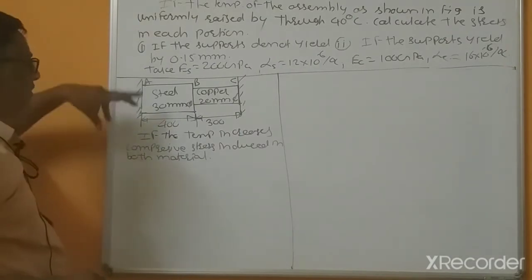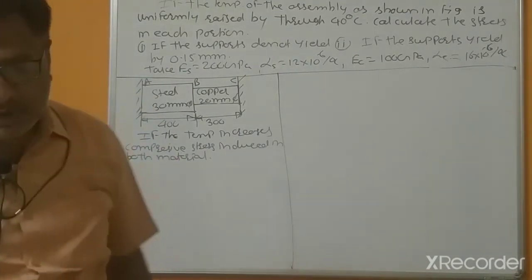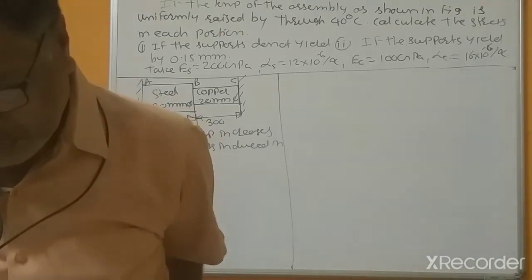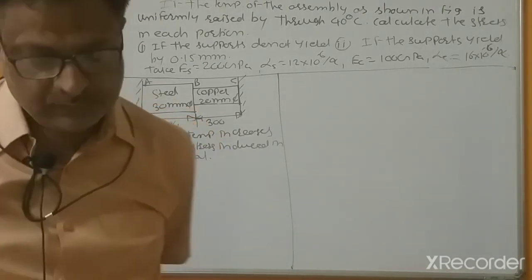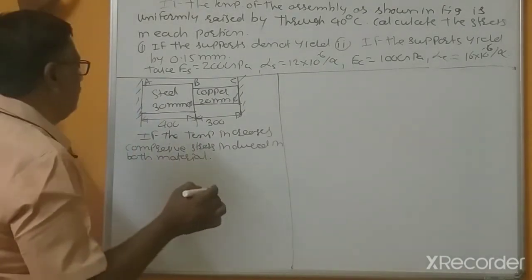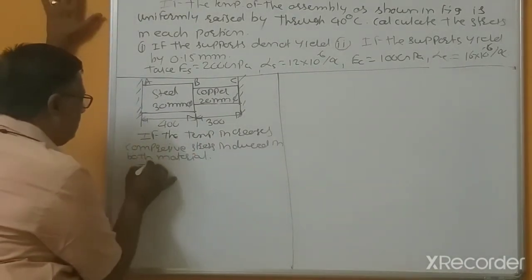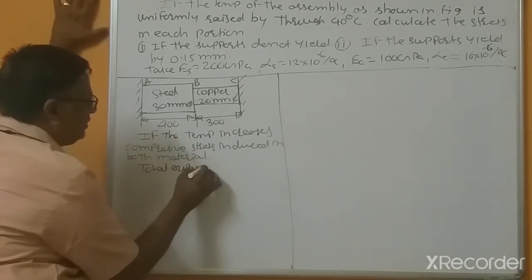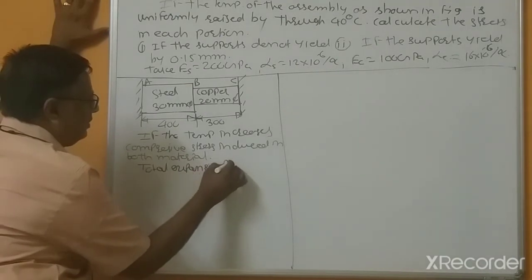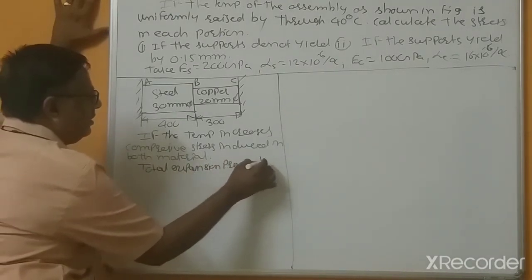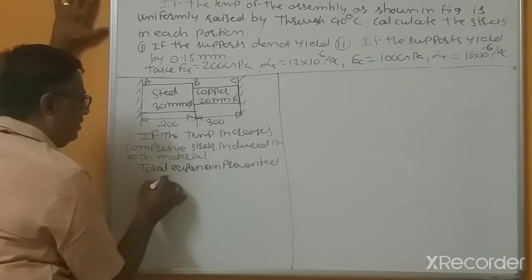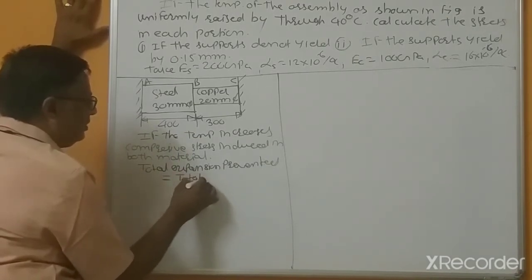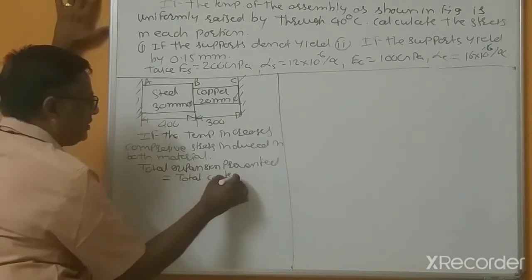So that's why here we have free expansion. So yes, the total expansion prevented is equal to the total contraction.